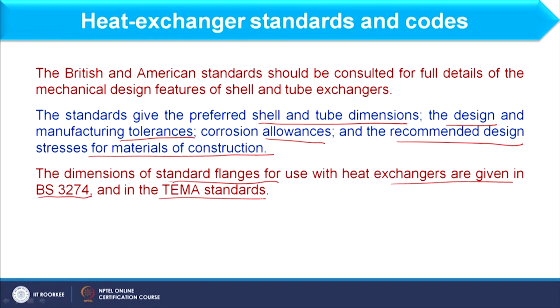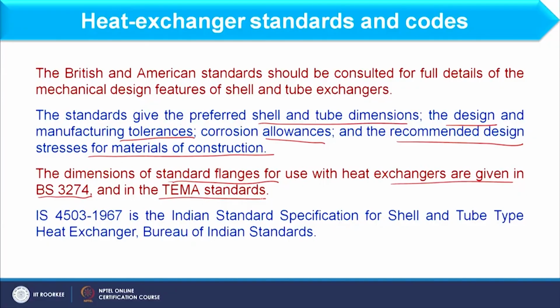If you consider the flanges, what these flanges are, this we have already discussed in our course on equipment design, mechanical aspects, where detailed design of flanges is considered. These flanges are used to cover shell and tube heat exchangers also, and their dimensions you can calculate as per BS 3274 and the TEMA standards.